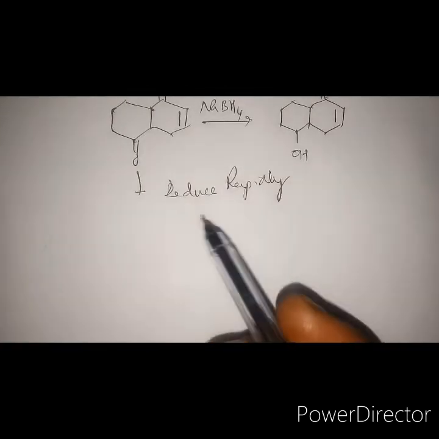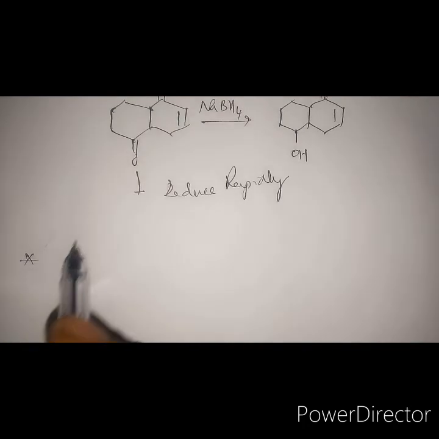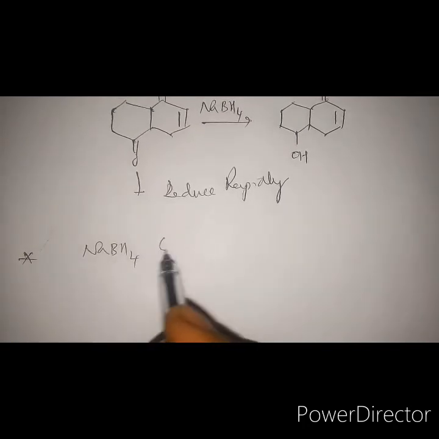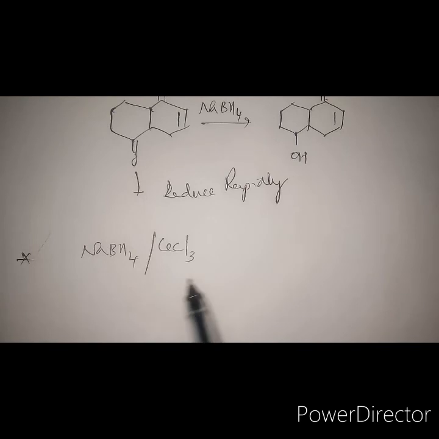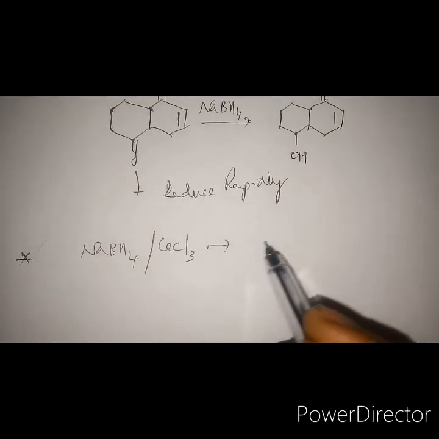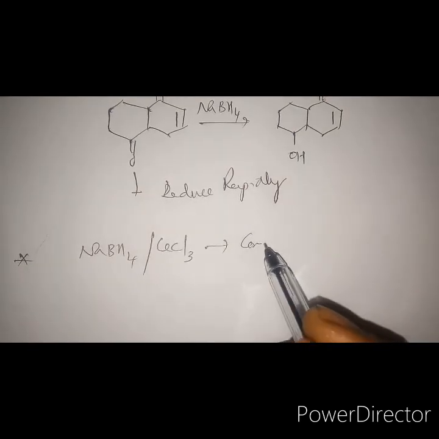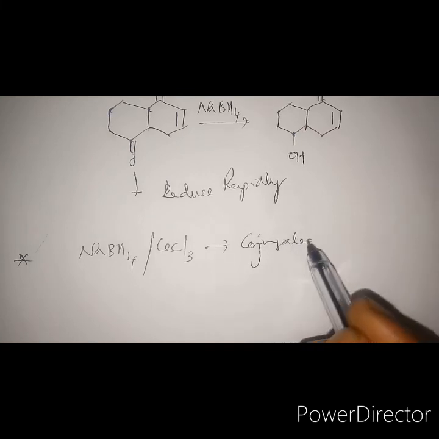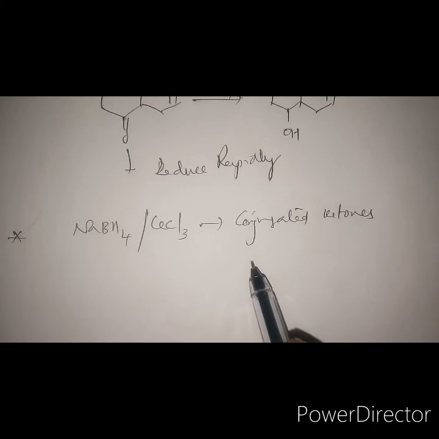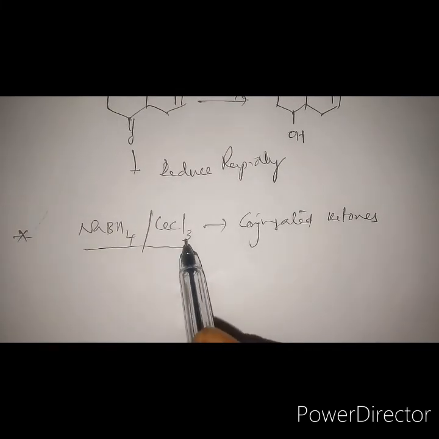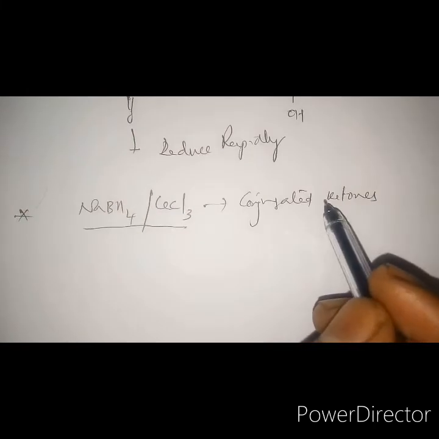Now another possibility with sodium borohydride: along with sodium borohydride, if you use cerium chloride as a coordinating catalyst, the reactivity of conjugated ketones will be enhanced compared to the non-conjugated. So it will selectively reduce conjugated ketones.